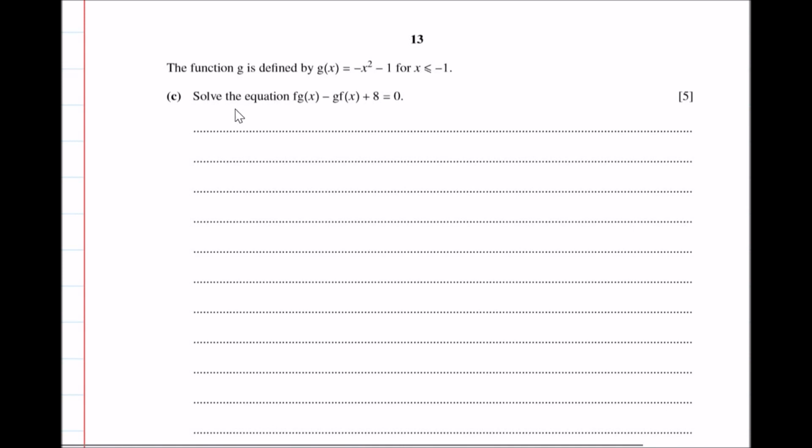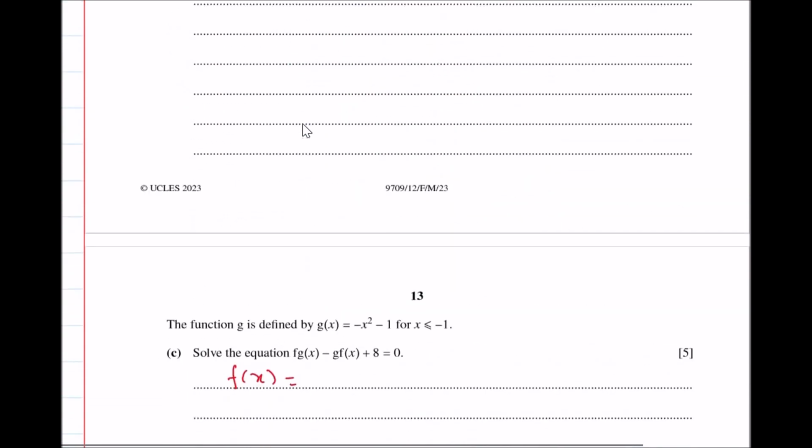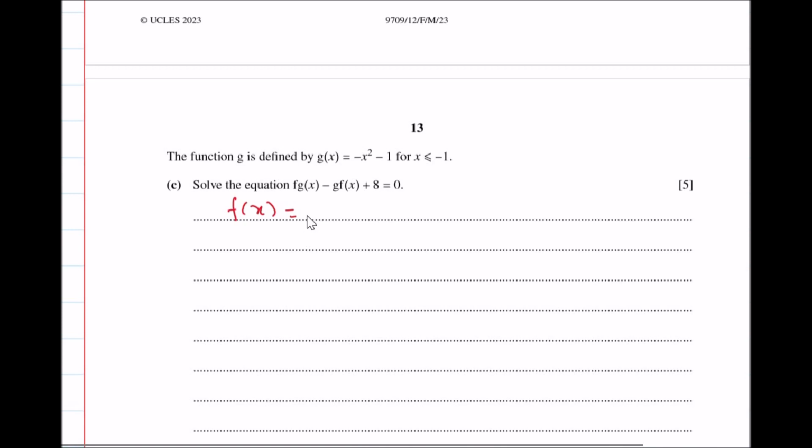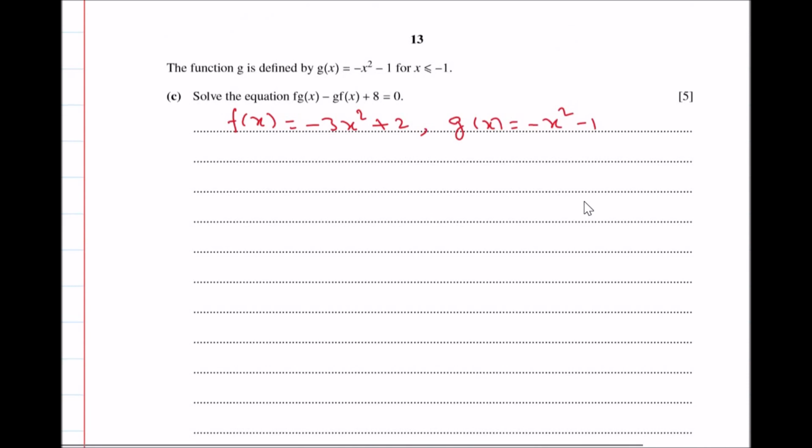We have f(x) here. Let me write f(x) from here: minus 3x square plus 2. And g(x) is minus x square minus 1. Okay. Now let us find fg(x).